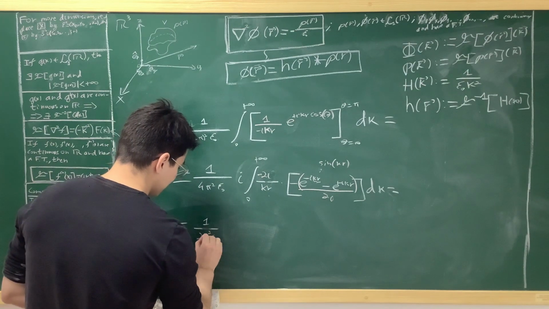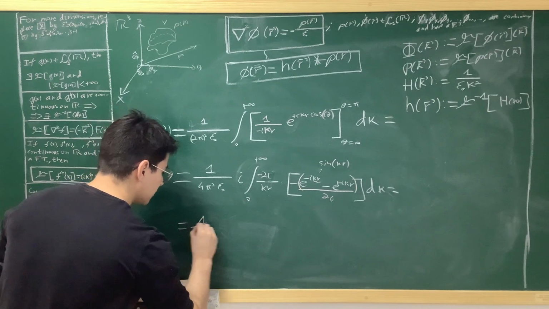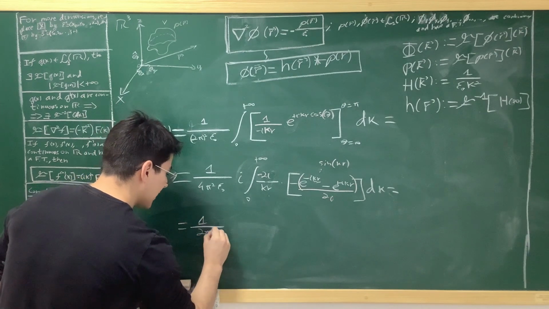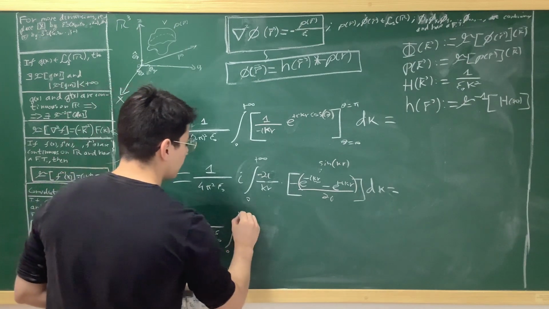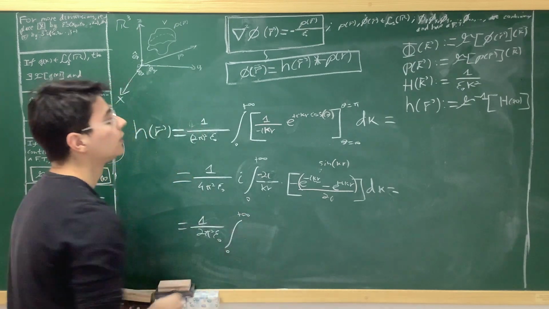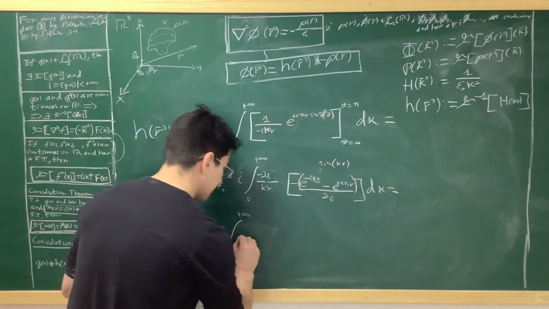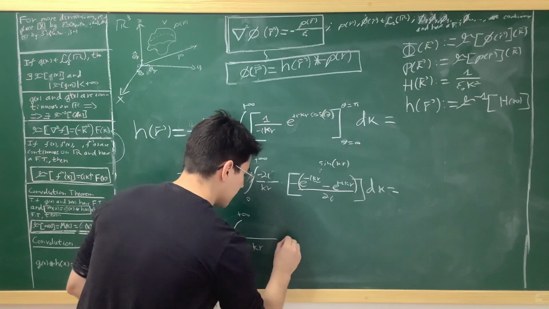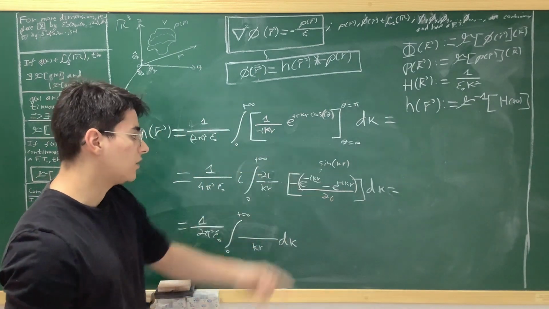Let me just write this a bit better because maybe it's not clear. 2 pi squared epsilon naught. And the integral going from 0 to positive infinity of. This has come out of the integral. We have kr dk, and all of this is just the sine of kr.